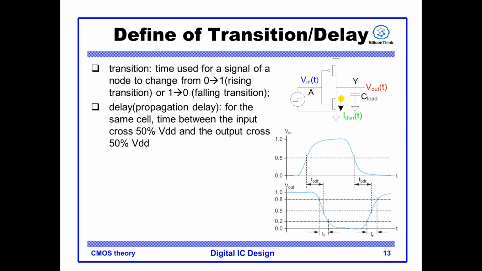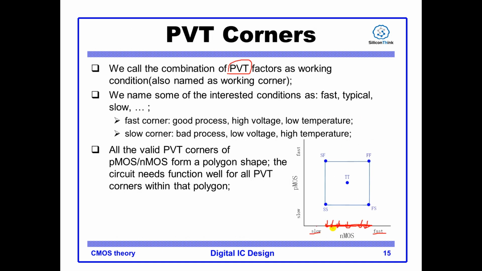PMOS and NMOS are always paired. So you have a line to denote the working condition of NMOS. You need the other line to denote the working condition of PMOS. It also has slow corner and fast corner. In this figure, this point denotes the NMOS is working at slow corner and the PMOS is working at slow corner.